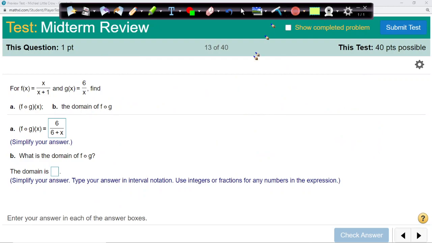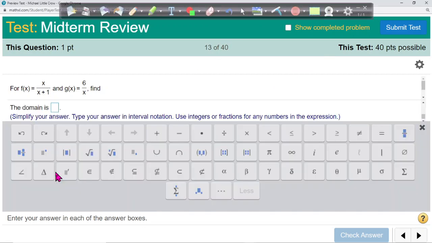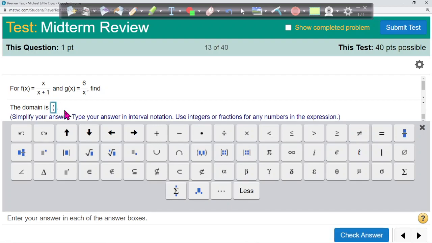So let's see if we can put all of that in. Oops, sorry about that. Fortunately, I remember it's 0 and negative 6. So we go parentheses, negative infinity, comma. We can go to negative 6, parentheses. Then we need this union symbol. So U. We put negative 6 again, parentheses, negative 6, so that's removing the 6.